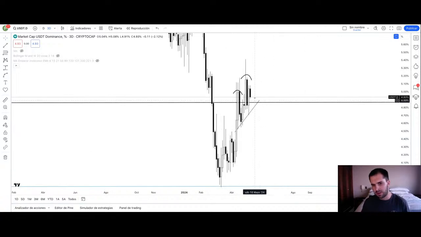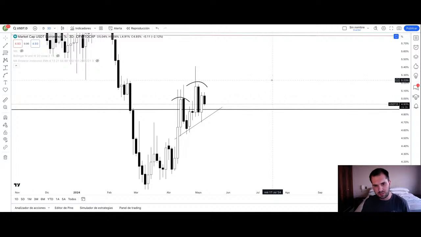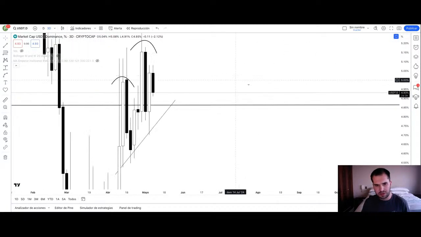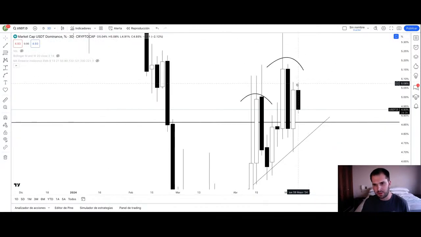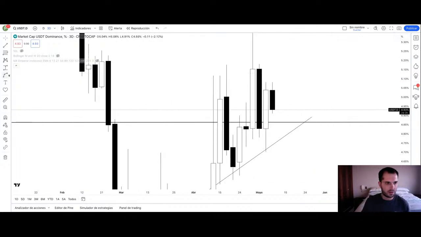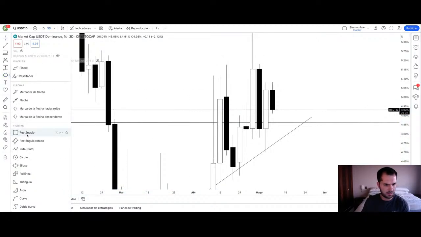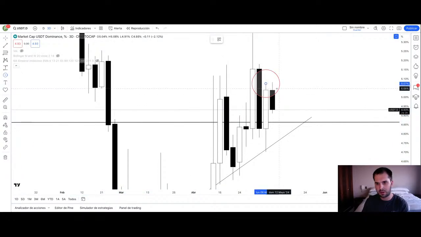And also on the, I think on the 3-day, yeah, 3-day is looking good. Potential tweezer top here. We'll still have 2 more days to go, so we have a lot of time.